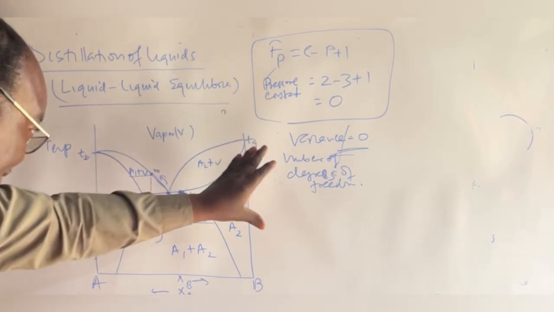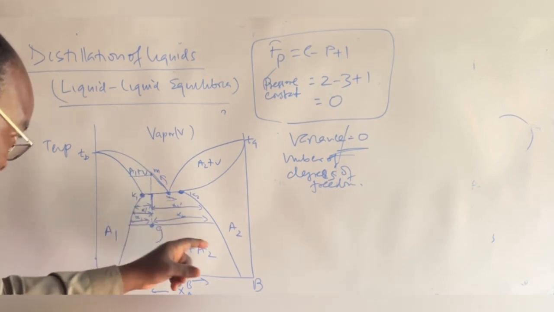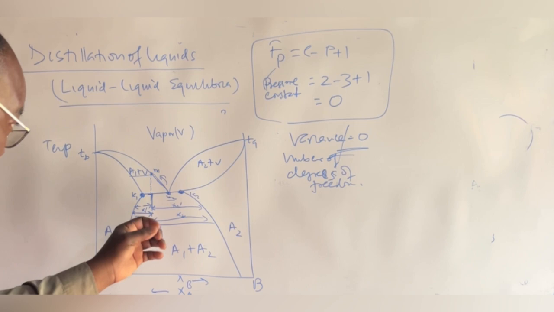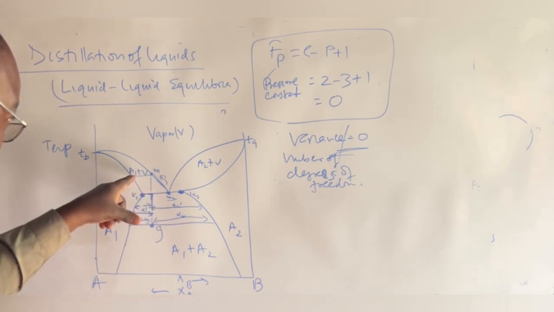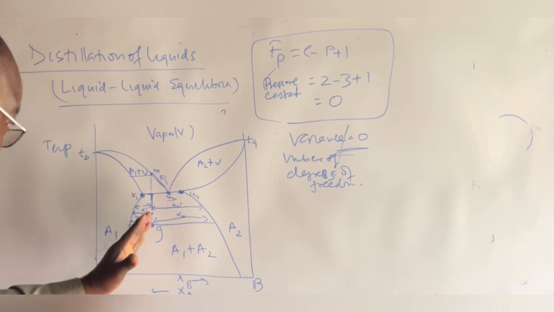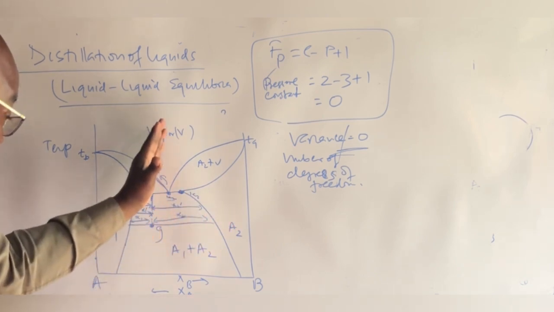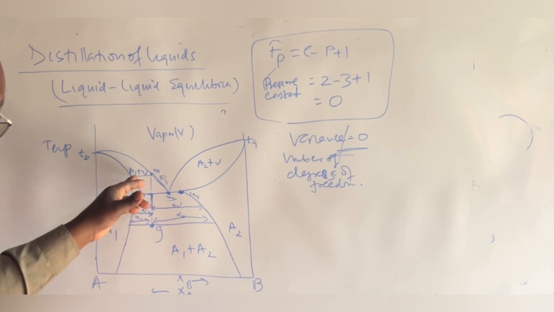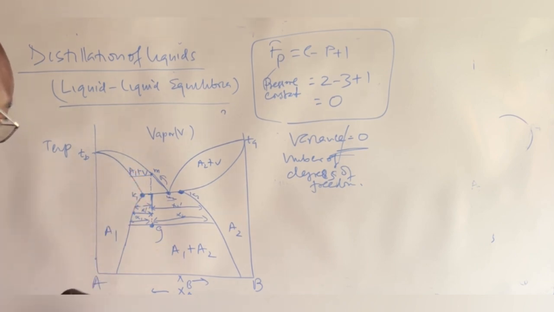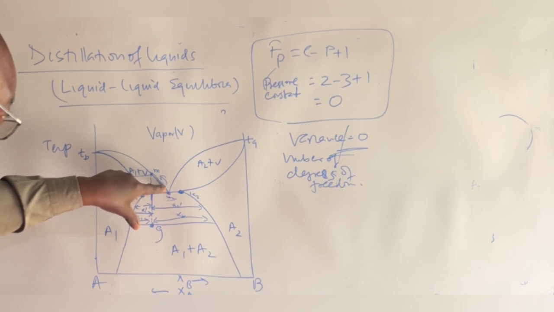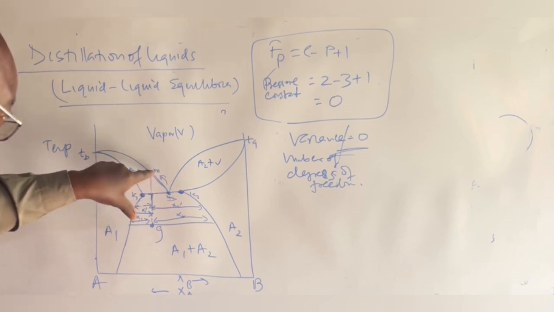The variance is 0 for some time, and A2 will be preferentially vaporized, and you are left with A1. That's why you're not seeing A2 in this region here, because A2 has been completely vaporized. Now you have the vapor and, of course, the liquid A1, and the vapor curve, that's the composition of the vapor, follows the curve K2, K1.